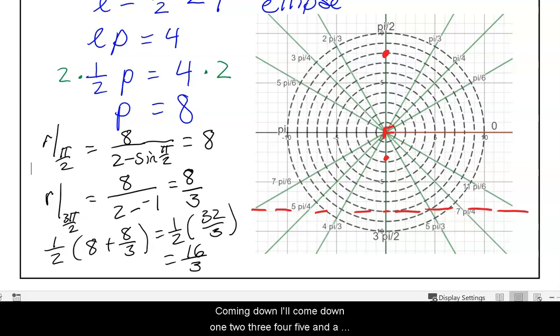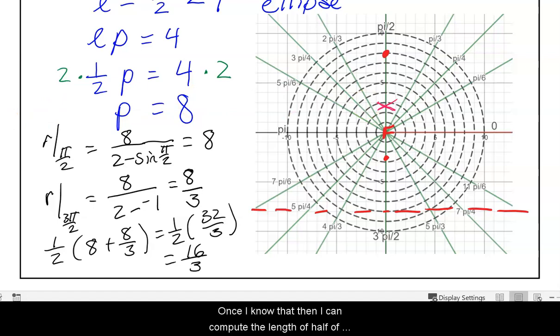Coming down, I'll come down 1, 2, 3, 4, 5, and a little bit more, and put an X, for X marks the center. That is the center of our ellipse. From this point, again, I would have moved up 1/3 and then 5. 1, 2, 3, 4, and yes, it does put me in precisely the right location.